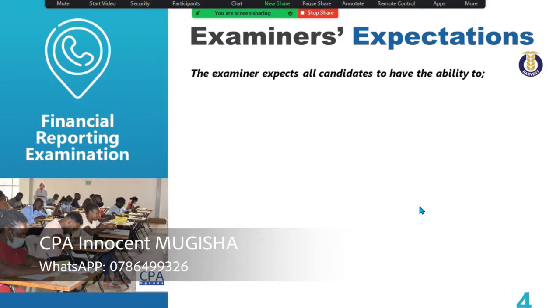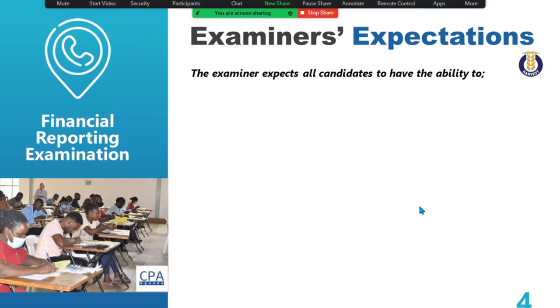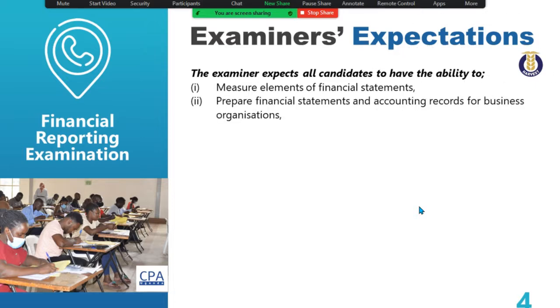And of course the examiner expects you to have various abilities. Among those, having knowledge on the measurement of elements of financial statements, having the ability to prepare financial statements and accounting records for business organizations, having ability to analyze financial statements and interpret information.